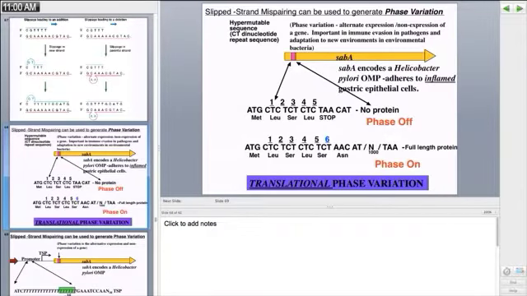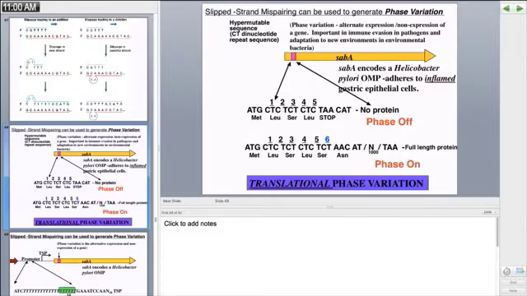The example I used initially, while rushing through towards the end of lecture, was how a bacterial protein such as this illustration of SAB-A could vary the length of this dinucleotide CT repeat to turn the protein either on or off. So phase on or phase off. This is phase variation, and it functions kind of like an on or off switch.